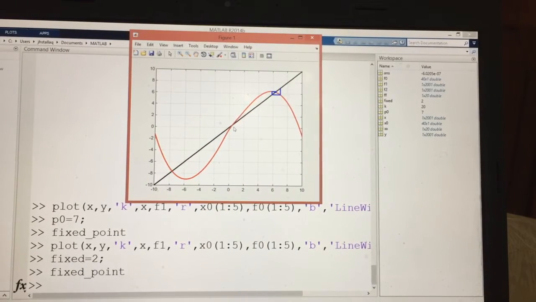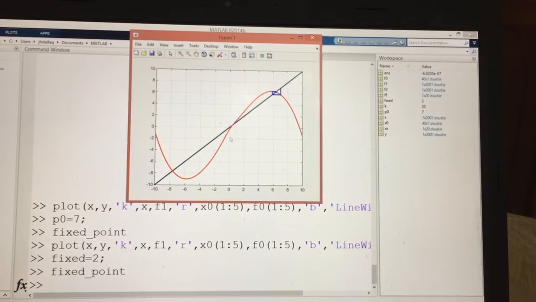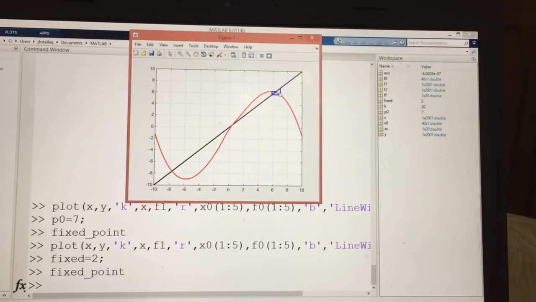At this point, which was stable, now it's unstable. We'll not be able to find the solution at this point, but we found the solution from f1, so it doesn't matter. What we need is this solution and this solution.